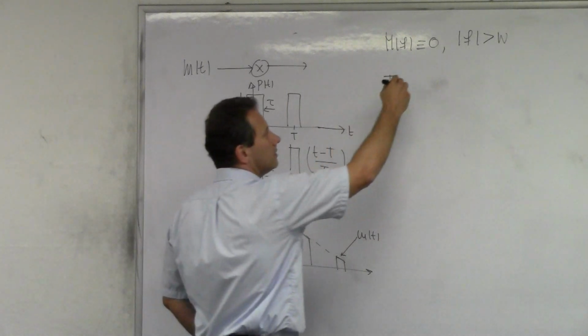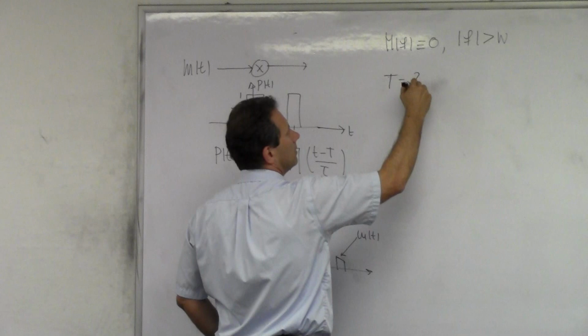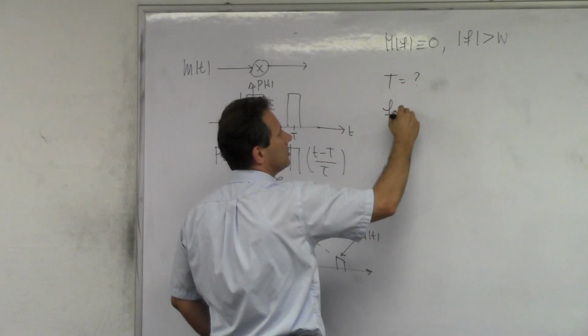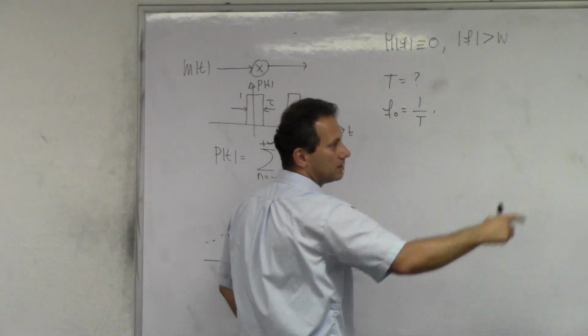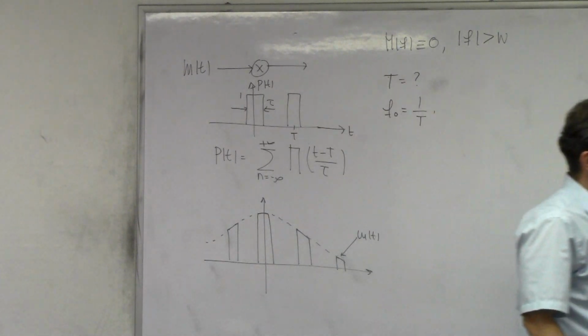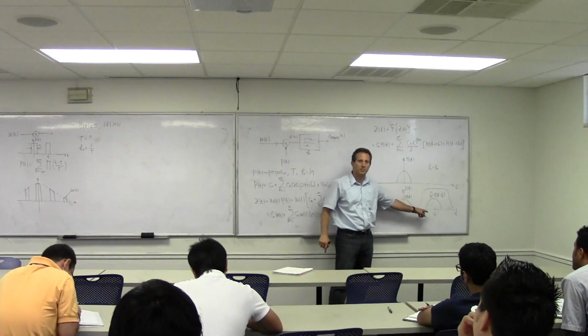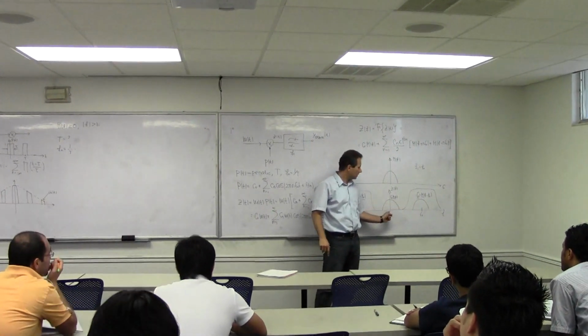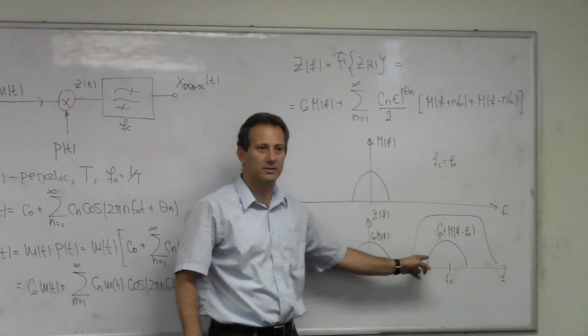So, I can say that F0 is 1 over T. And from that graph over here, you can see that these periodic extensions are centered at integer multiples of F0. So if I look here, I want to prevent the overlap between these replicas.